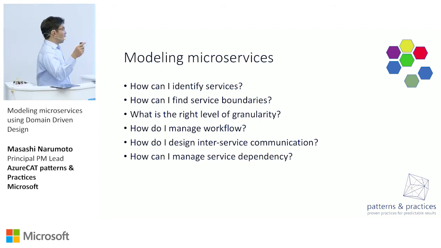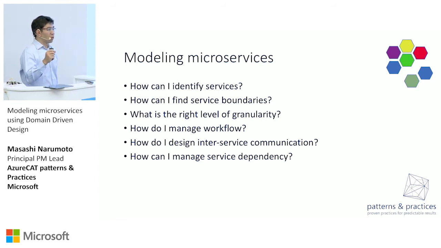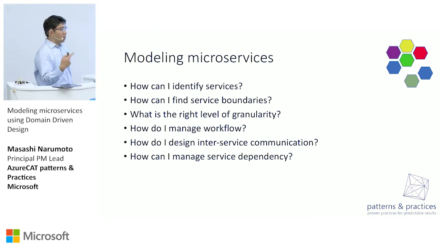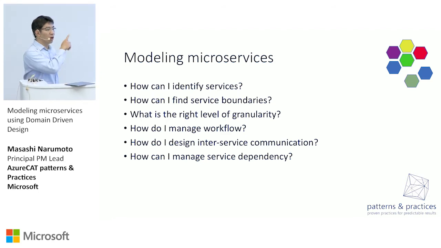Because now lots of small services are working together. One service cannot complete a transaction. You have to work together to complete one transaction. How can you manage those workflows? And whenever those services work together, there will be lots of inter-service communications. How can we manage it? And how can we mitigate the service dependencies? Those are the questions in the modeling phase, right?